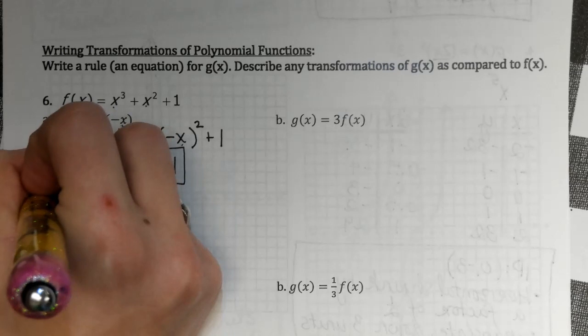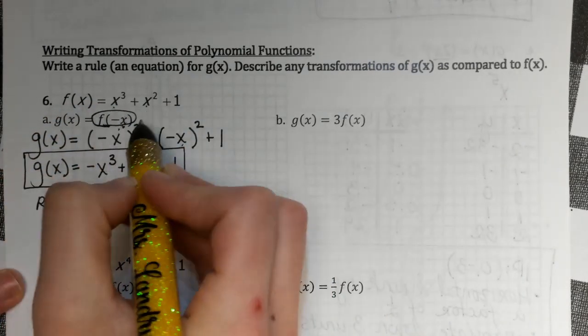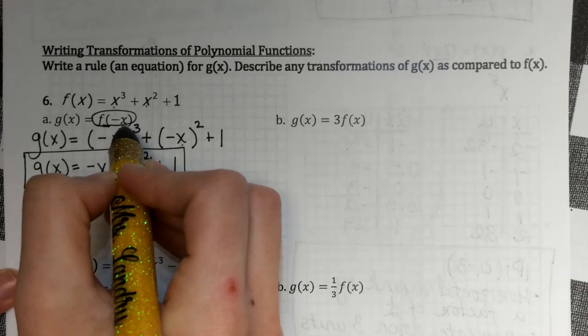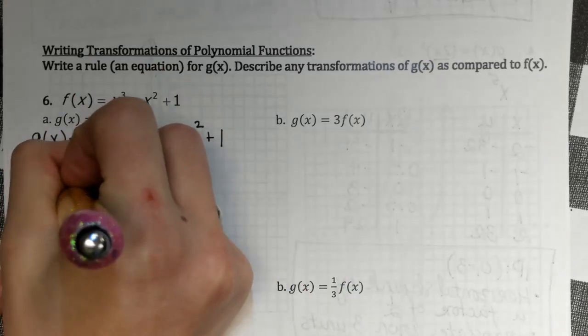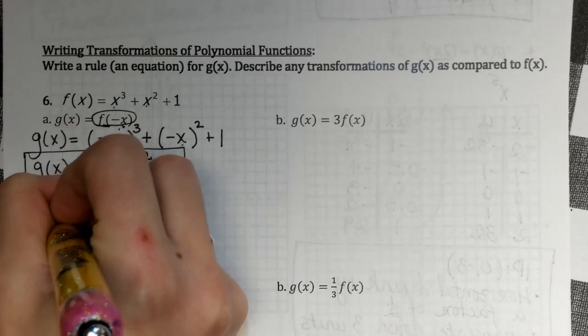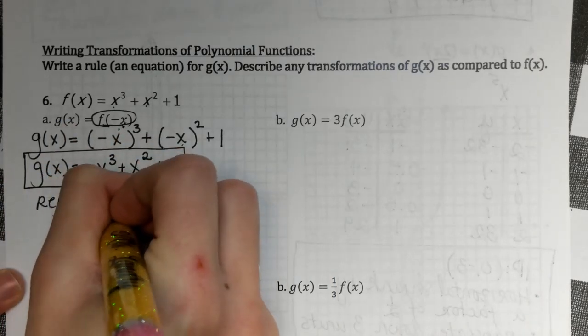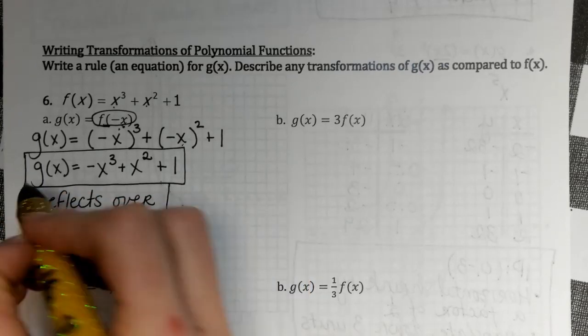Reflection over. It's happening where? Inside parentheses. It's happening to my x, so I would be reflecting over the y-axis. Okay.